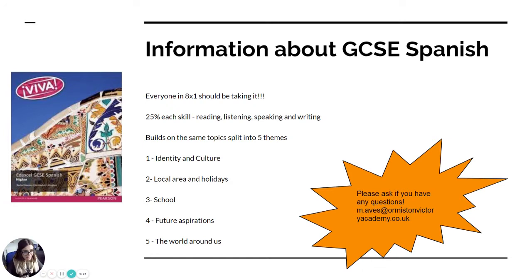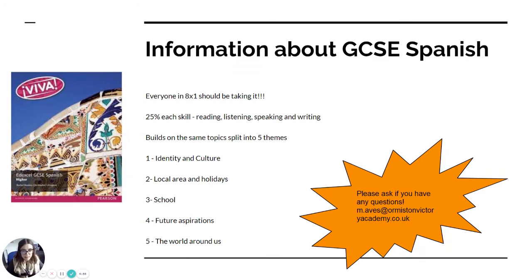So things like subjects that you like, teachers, uniforms, school rules. Theme 4 is future aspirations, so what you want to do when you leave school, different jobs, talking about marriage, talking about languages and whether you're going to use them in the future. And then theme 5 is the world around us. So thinking about if we're healthy, thinking about the environment, thinking about how to volunteer and maybe help people that are less fortunate.